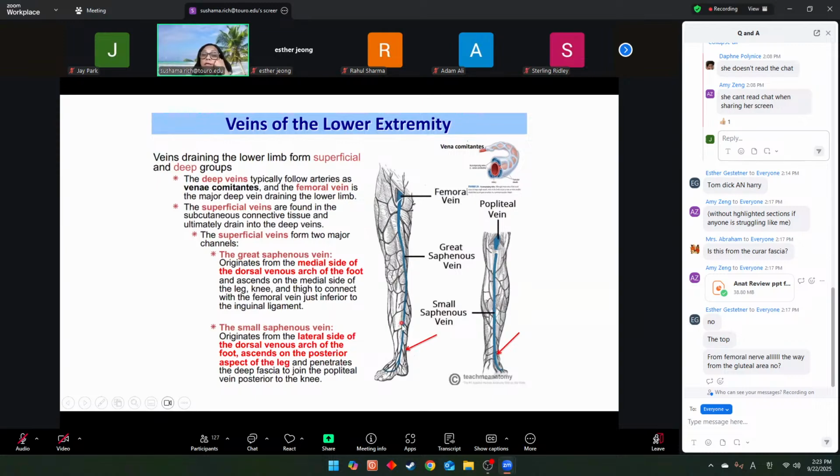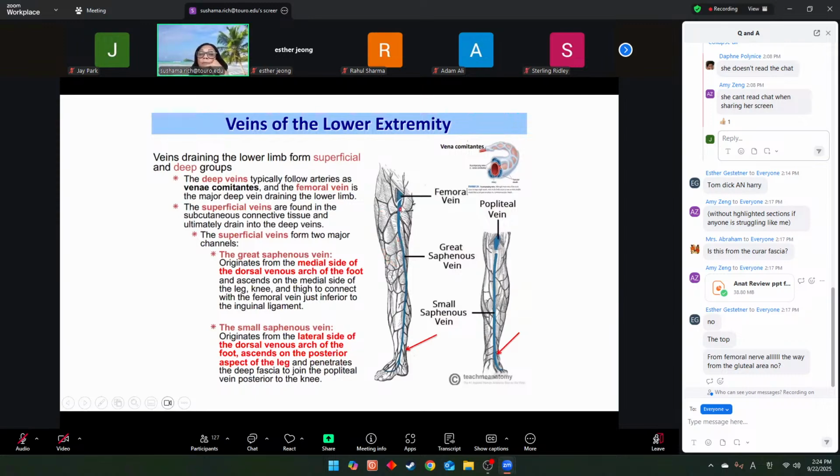The question can say, we took the great saphenous vein, after which the patient has tingling and numbness along the medial aspect of the leg or medial border of the foot, like it goes to the middle of the medial border of the foot. And what nerve was affected? That would be the saphenous nerve. Or sometimes questions will say, when you sever the femoral nerve, you're thinking it's supplying all the muscles of the anterior compartment of the thigh.